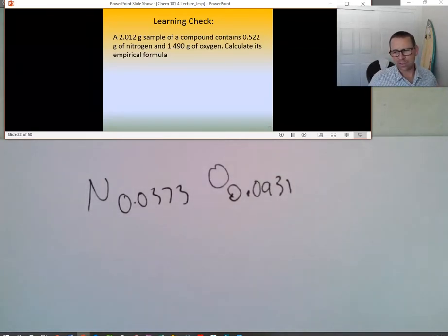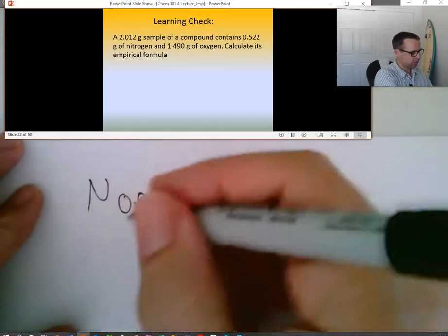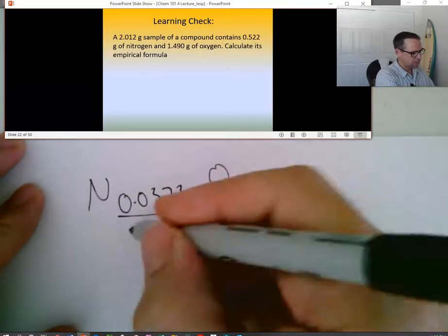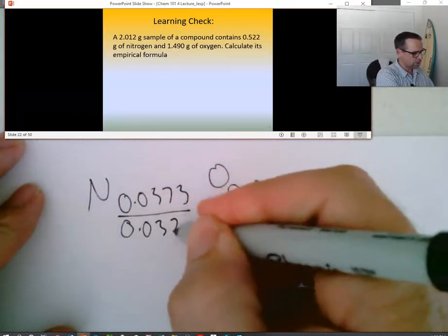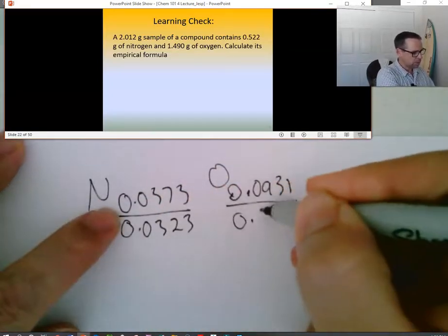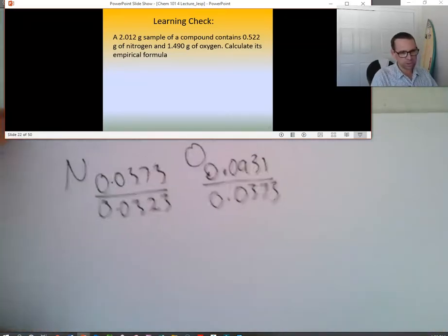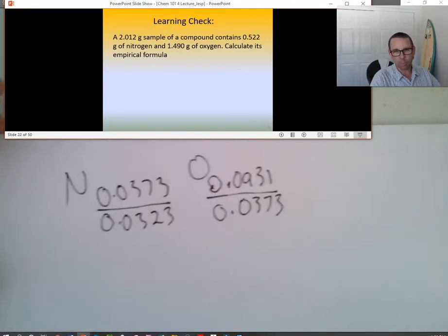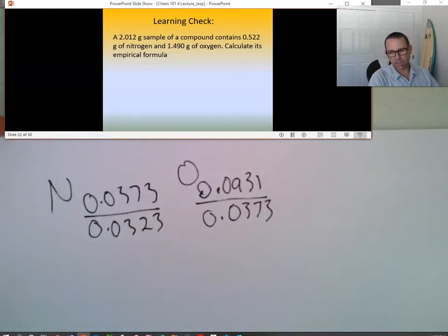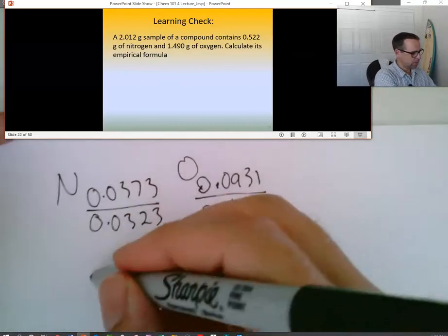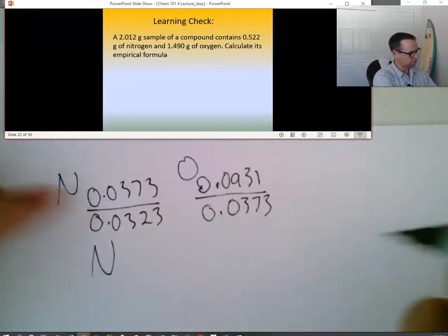Because we need whole numbers, that's right. And we can get whole numbers by dividing both of these by the smallest of these two, which is the 0.0373. I chose that because it's going to force one of them to become 1 right away, right? And so that's good.